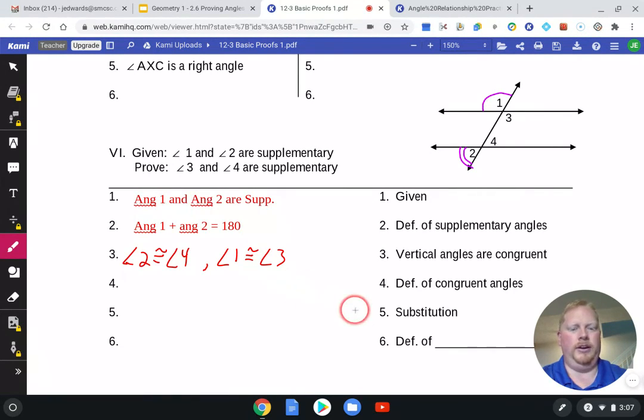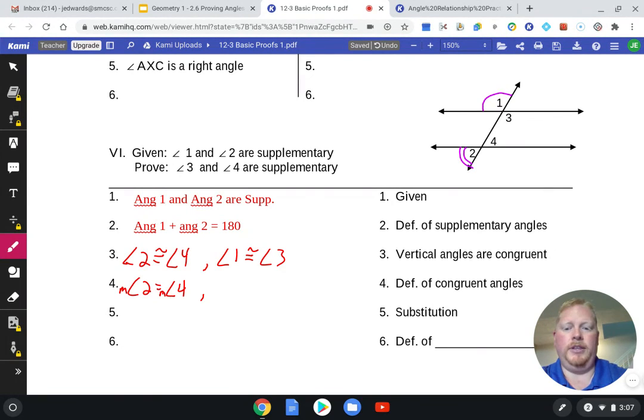But what I'm going to put here is, if angle 2 is congruent to angle 4, that means that they have the same measure. So I'm going to put angle 2 equals angle 4. Or if I wanted to be real precise, I'd put the measure of angle 2 equals the measure of angle 4.